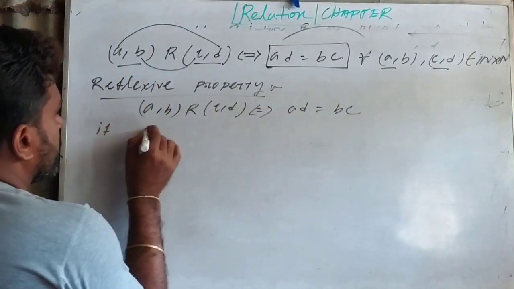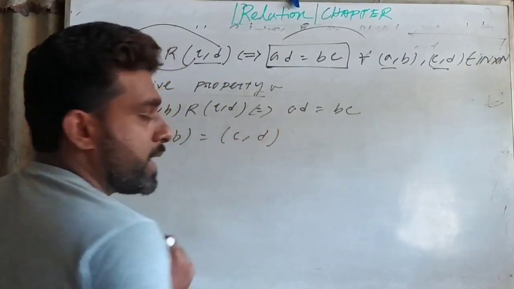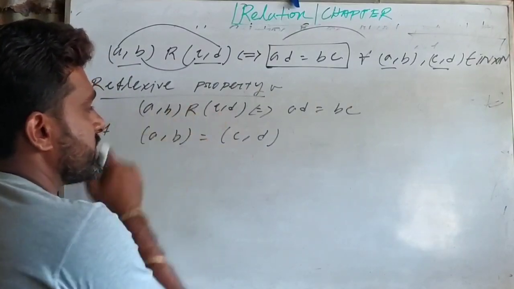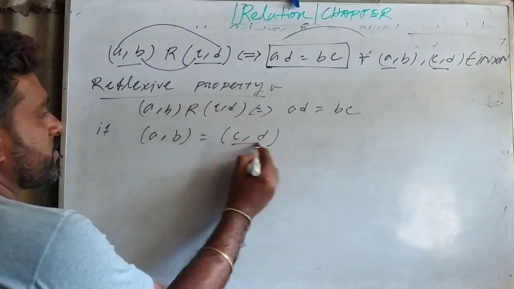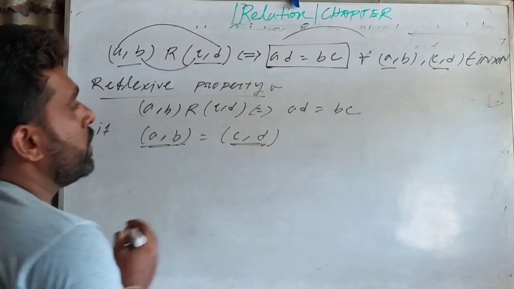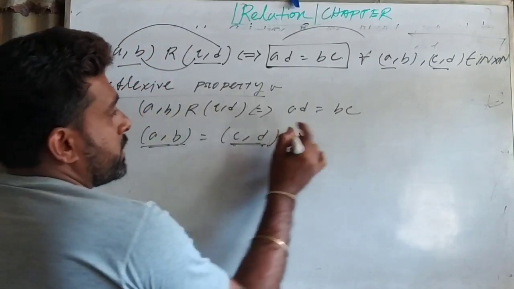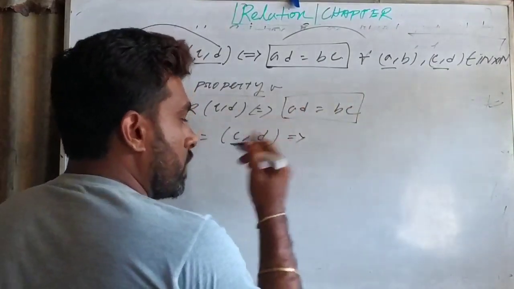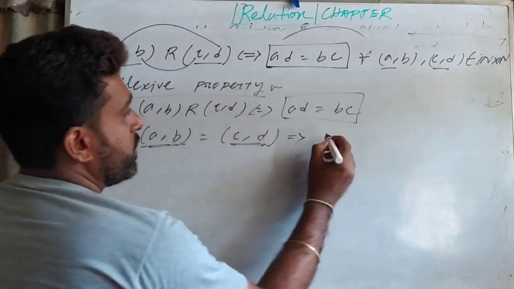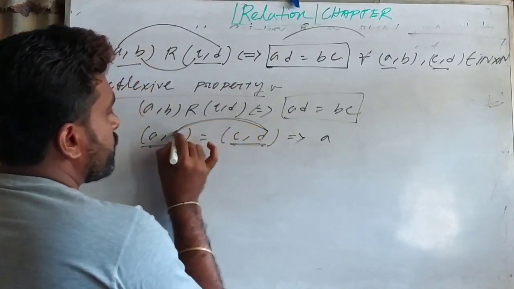Now if the two elements A, B and C, D that I have chosen are the same, then in place of C, D you can put A, B also. So after choosing this, the condition becomes: in place of C and D, what should I put? A and B. You can see A. In place of B, what should I put here?